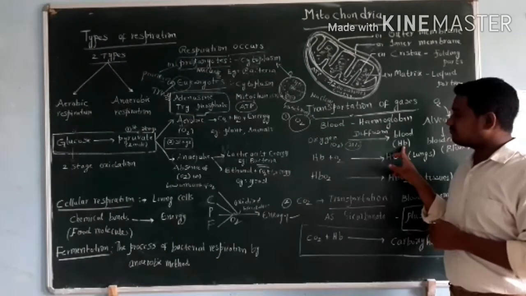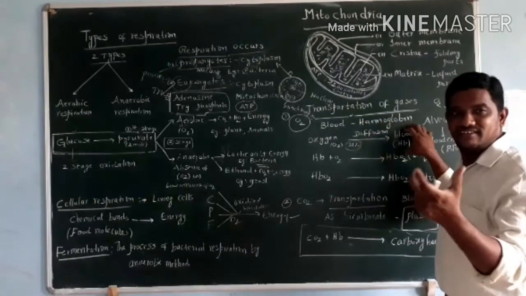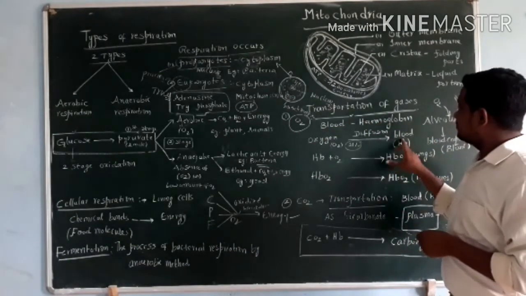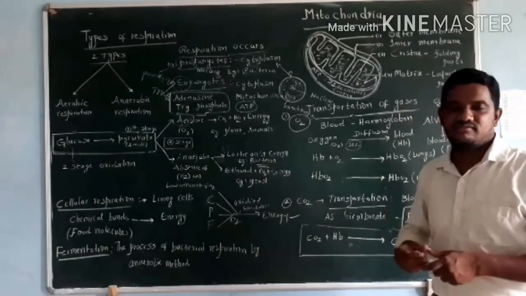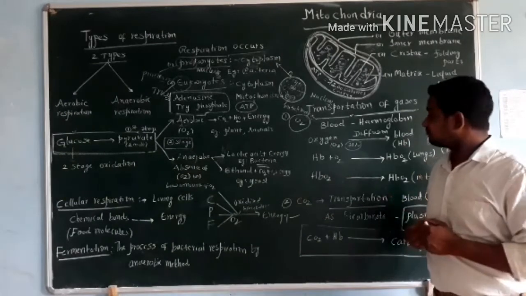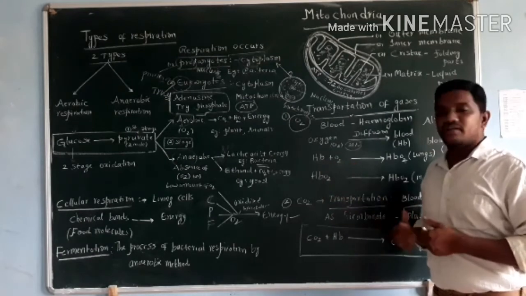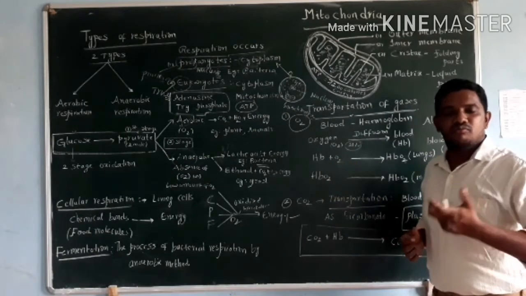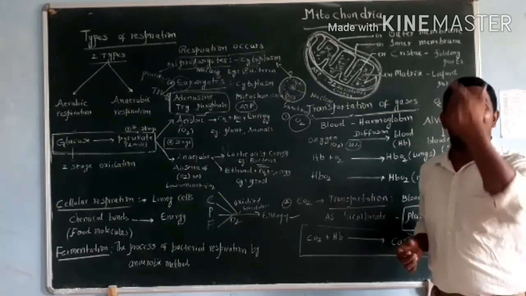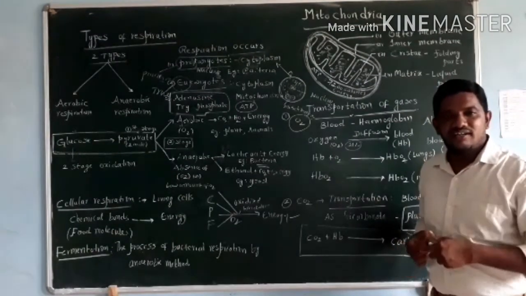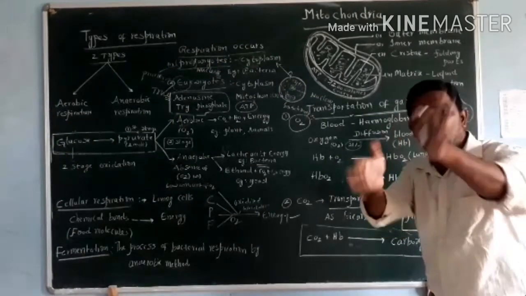See here, oxygen molecules diffuse into the blood. The blood carries oxygen molecules. Here, hemoglobin pigments are very important. When oxygen molecules enter the blood, they combine with the hemoglobin pigments.